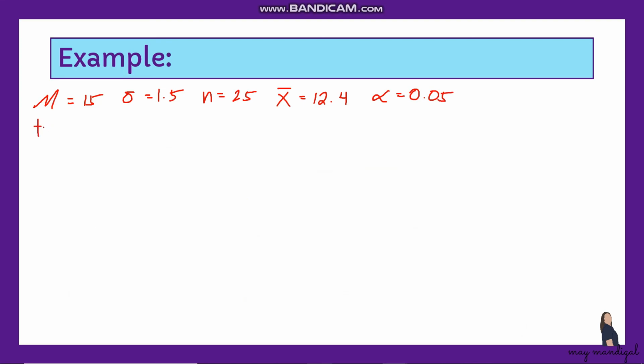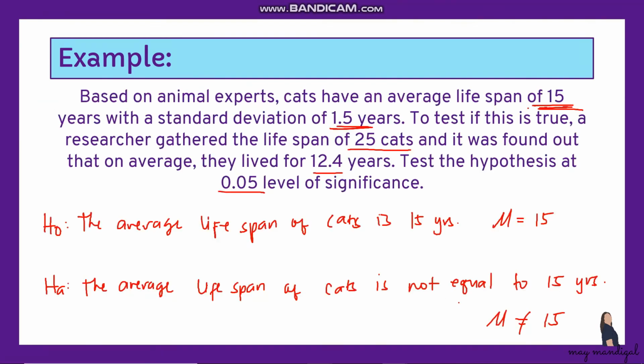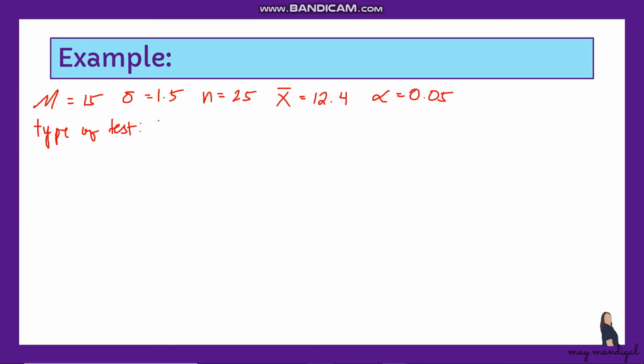Now let's write the type of test. Since in our alternative hypothesis, we use the not equal symbol, this is two-tailed. And for our statistical test, we can see we have the population standard deviation, so that means this is a Z-test of one sample mean.